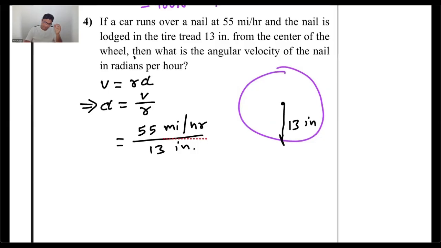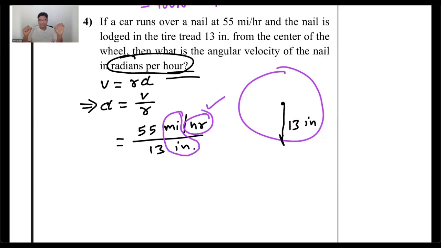Radians per hour. So the unit of time should remain hours. The radians comes automatically. You don't see the radians unit when writing. You can write that at the end. The important thing is the time should be in hours, and that is in hours already. So we're good there. What do we need to do then? We need to make sure that the length is also of the same unit, right? Then you can cancel correctly.